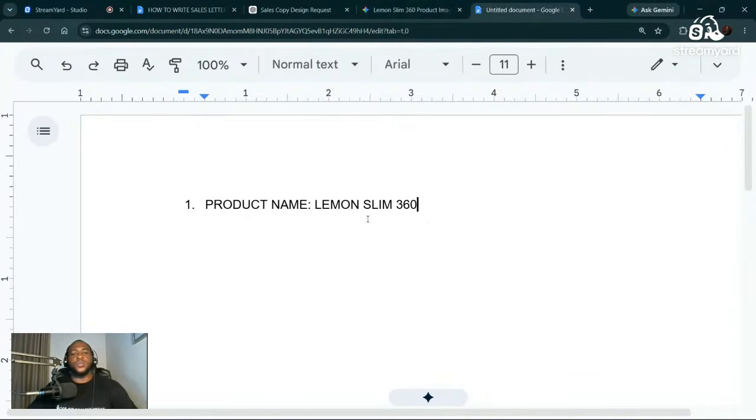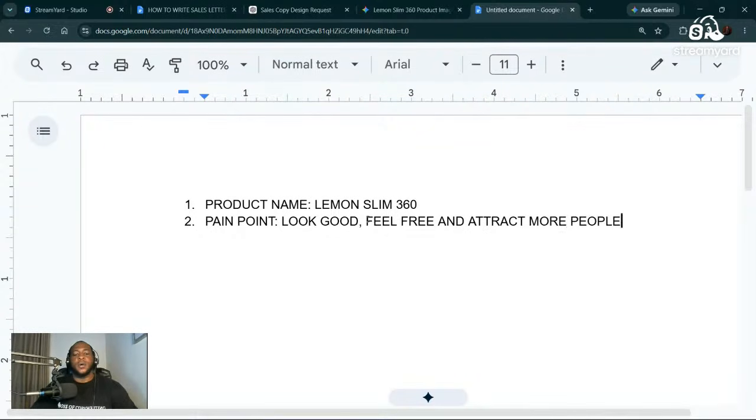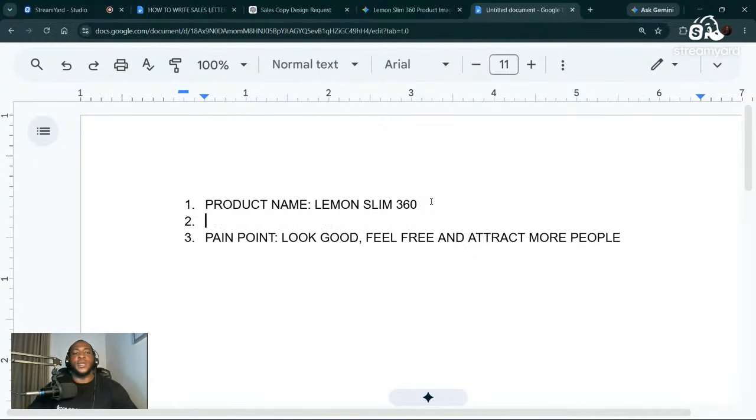Then number two, another very important thing is pain points. Why do people want to lose weight? They want to lose weight so that they can look good, feel free, and attract more people, right? This is the exact reason why people want to lose weight.